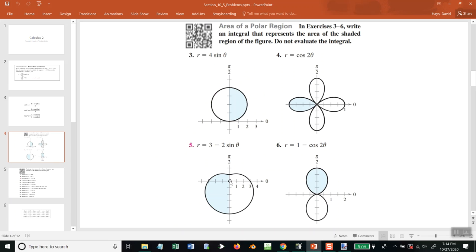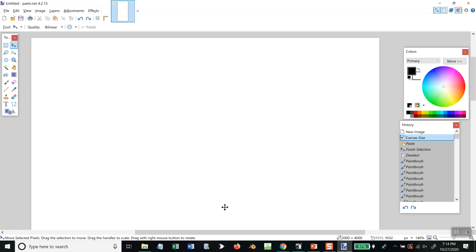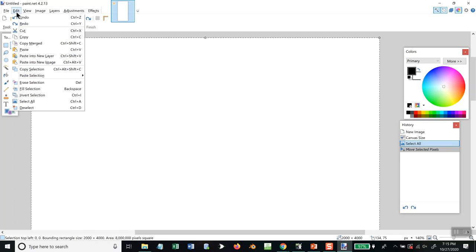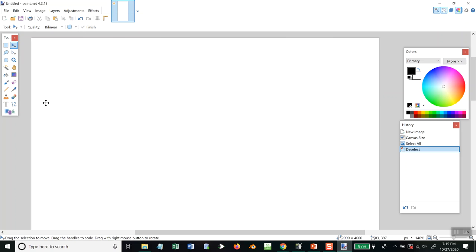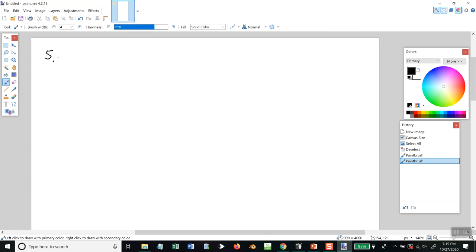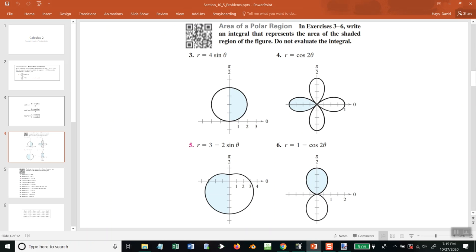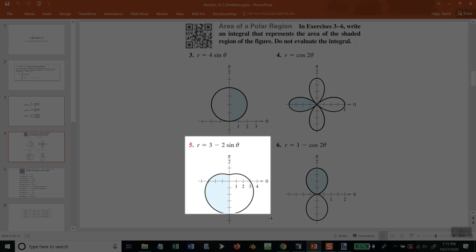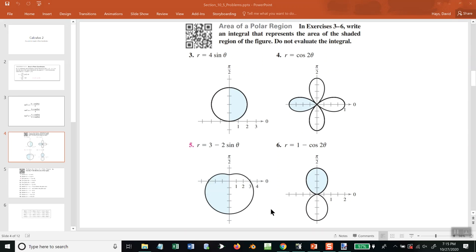So, let's see. Is there anything? Yeah, this one's a good one. Let's take a look at this one. Then I'll just do the setup on this one. Some of these you can just look at and see the setup.